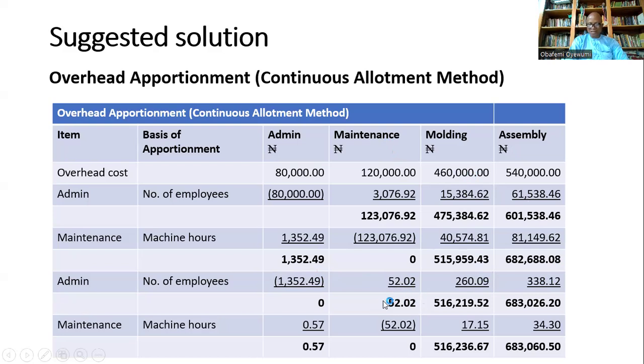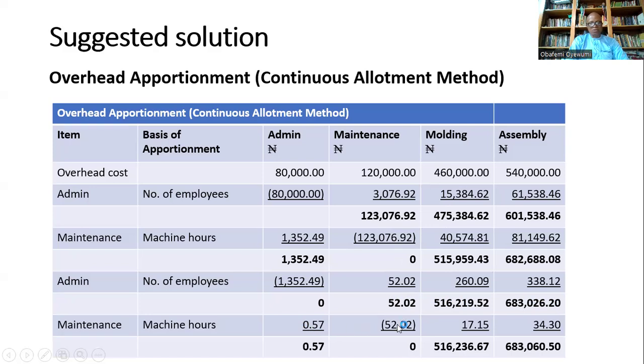So maintenance that we had actually eliminated before, we are now back, it's now having a different figure, another figure to also be shared. So now this time around, you have the total of this figure. So that's our molding department, and then assembly department also has 683,026.20. All right. So now, what do you want to do?